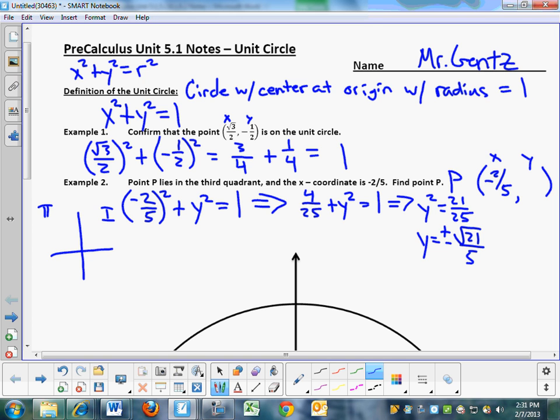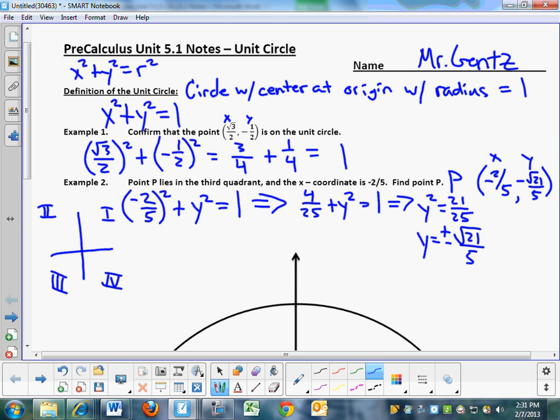First hour said the same thing. They needed a reminder of their quadrants. Quadrants are very, very important in trigonometry. First, second, third, fourth. So you can see that in the third quadrant, they are both negative. So therefore, you're concerned about the negative solution. So it's negative square root of 21 over 5. That would be point P.